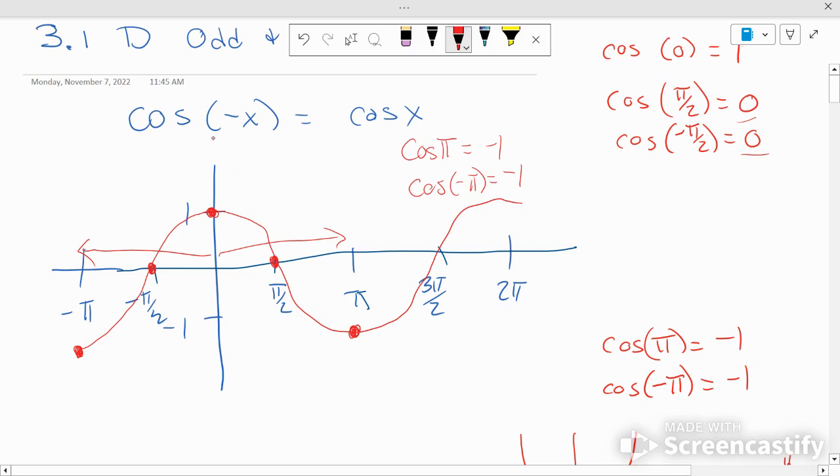When everything is a mirror image around the y-axis, symmetric with the y-axis, where you can just reflect over the y-axis, then it's an even function. This is called an even function when it's symmetric over the y-axis. So the cosine of a negative number is the same as the cosine of a positive number.